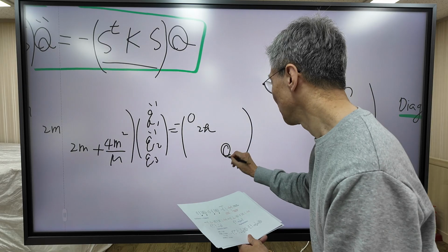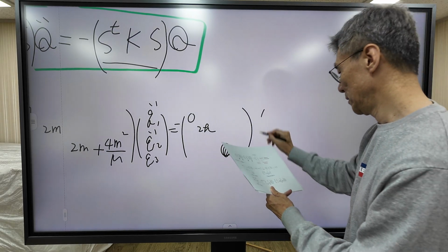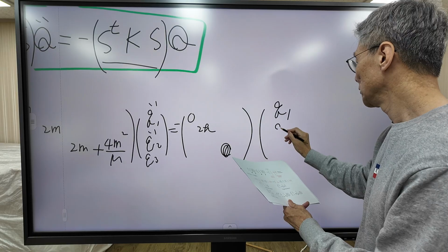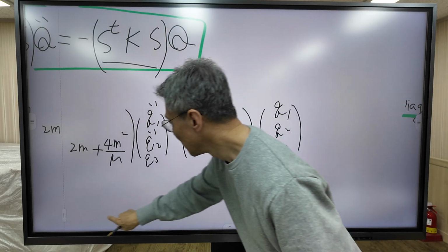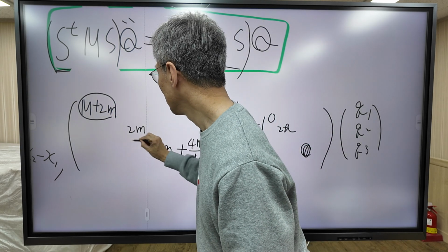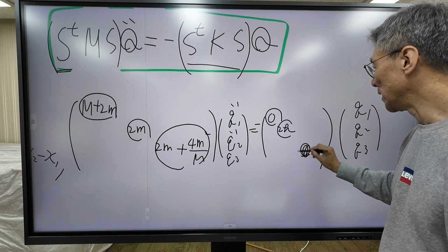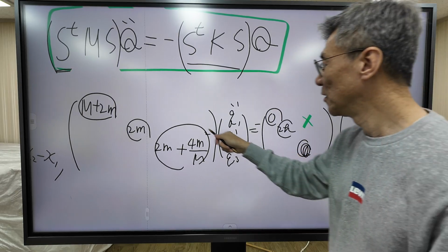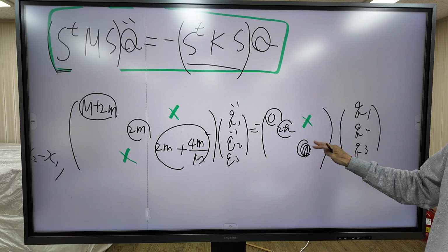There's a complicated formula here. And Q1, Q2, Q3. Here, the important point is that only the diagonal term survives. Only the diagonal term survives. The off diagonal term is 0. This is an important point. So this is our new formula.